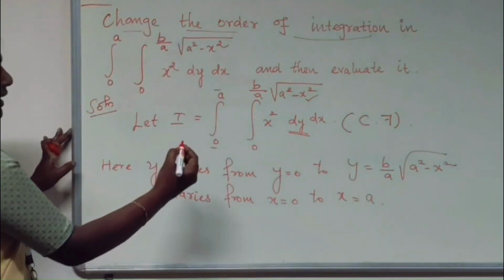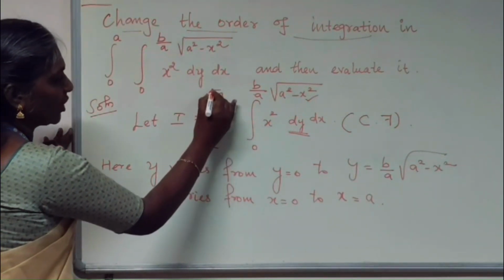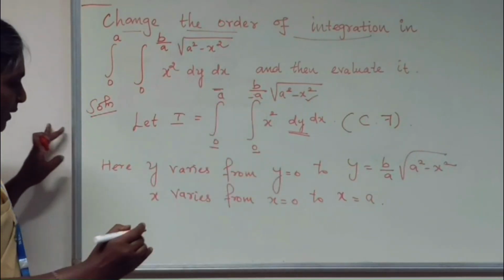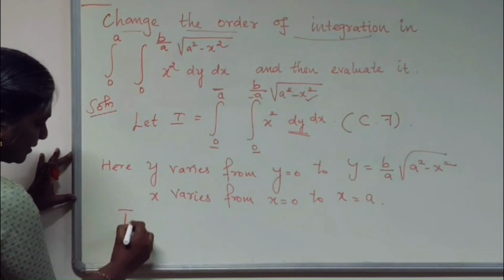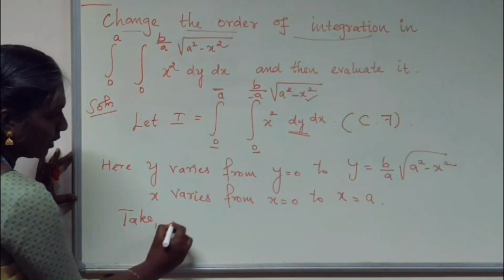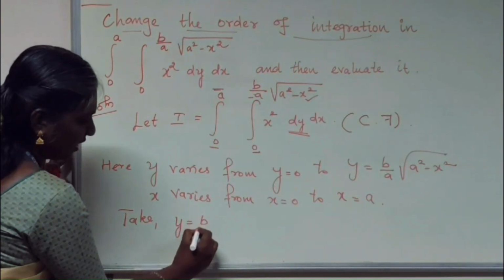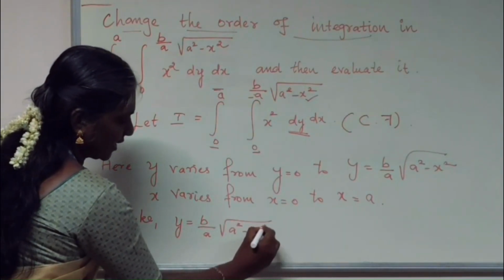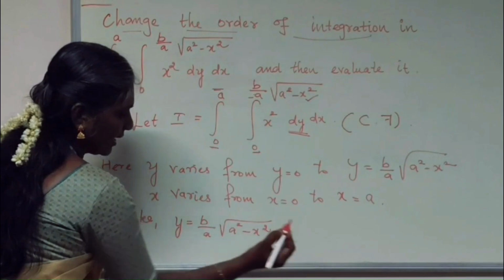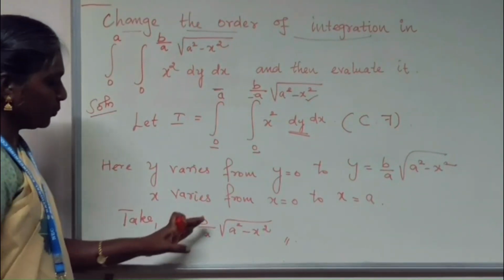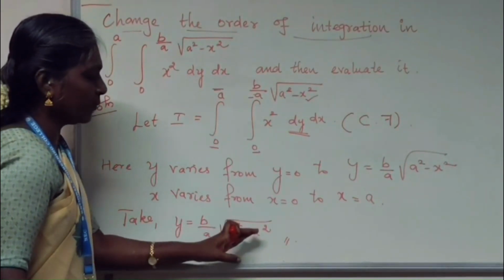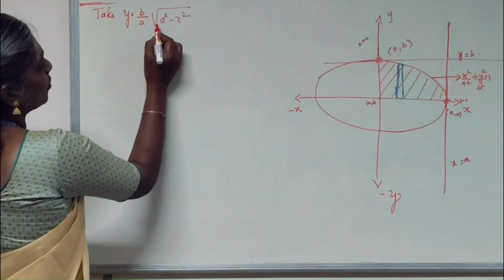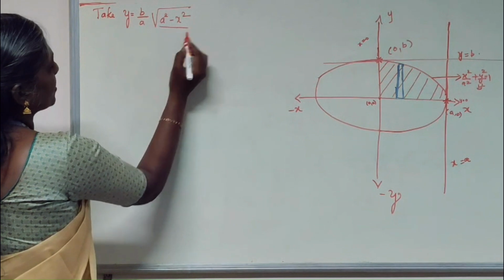Those are the ranges given in the problem. Take y equal to b by a root of a squared minus x squared.